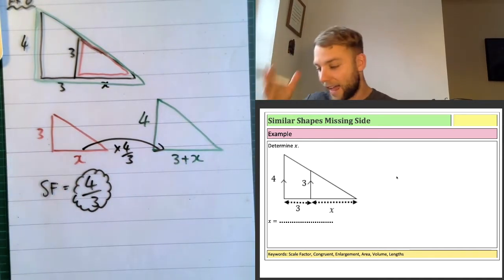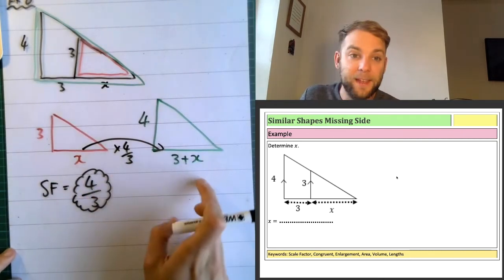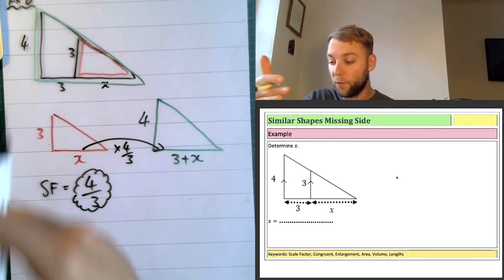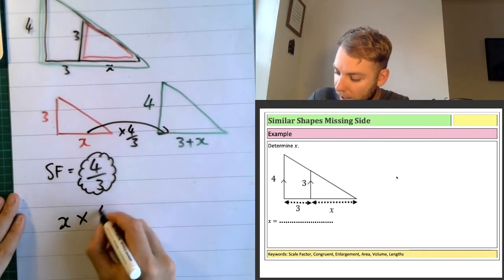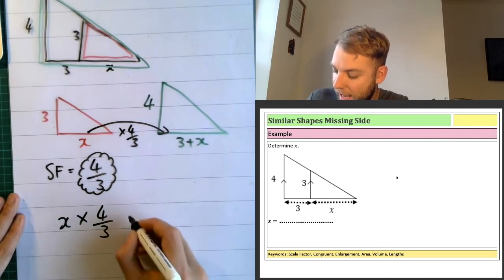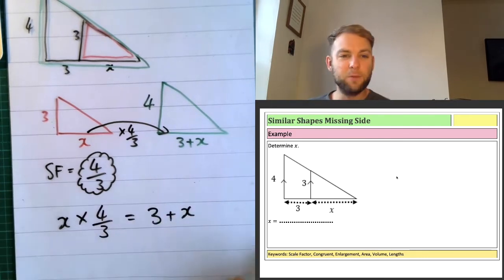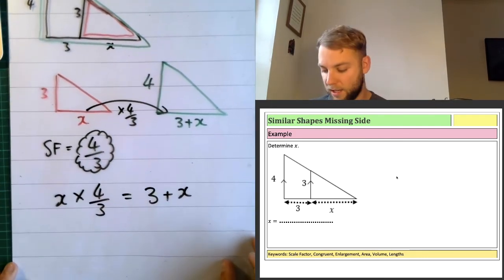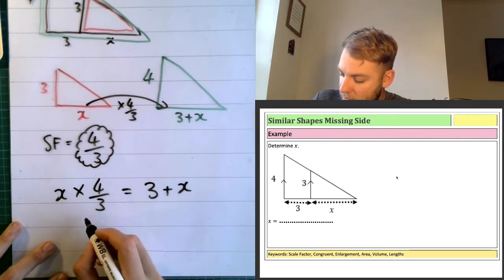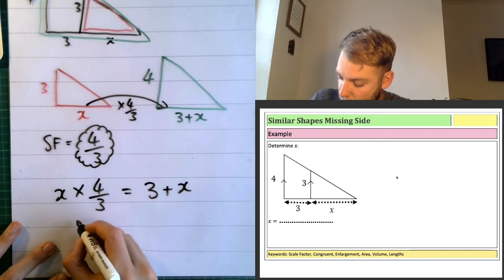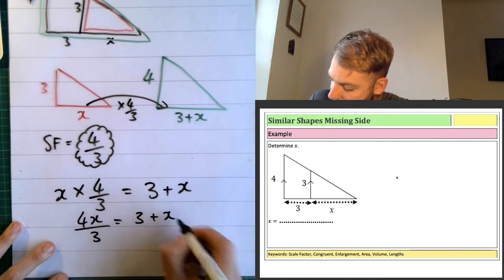We've got this x here and this x on this side, 3 plus x. But I know that this one here is 4 over 3 times bigger. So I know that x times by 4 over 3 is equal to this one here, which is 3 plus x. So that's why it's a little bit tricky, because you've actually got to form an equation here. So let's multiply this then. So x times 4 over 3 is equal to 4x over 3 is equal to 3 plus x.